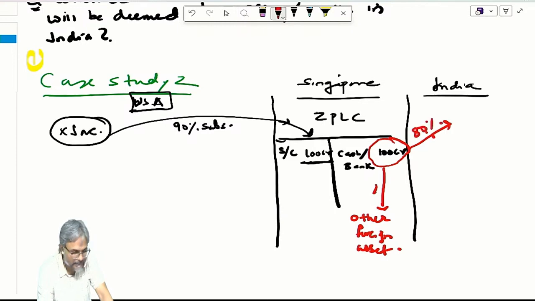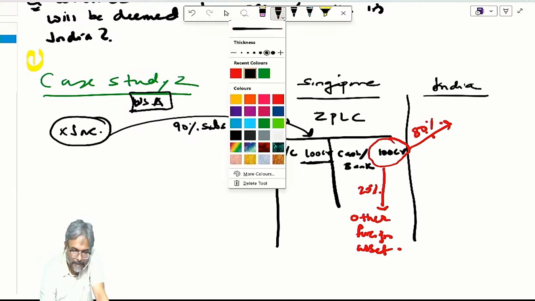See the game. 80% went to India and 20% is to go into other foreign assets. Now if you see 80%, obviously we'll take RIL only. So shares of the RIL.